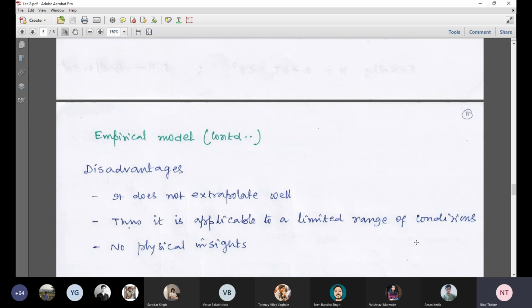Okay, it does not extrapolate well. So it is applicable to a limited range of conditions. And we do not have any physical insights into the process by this empirical model.